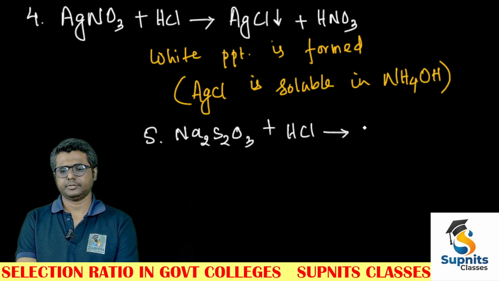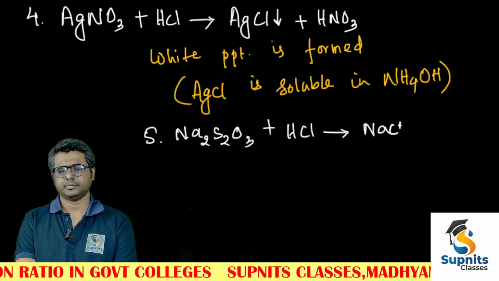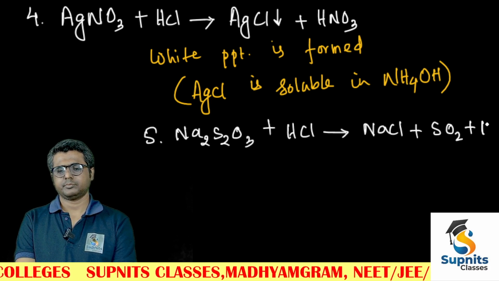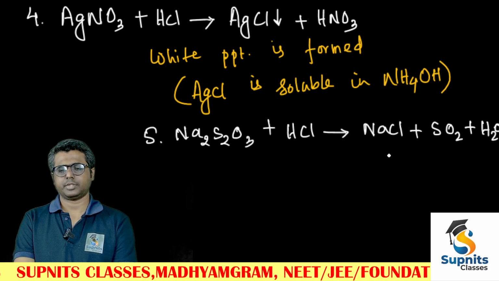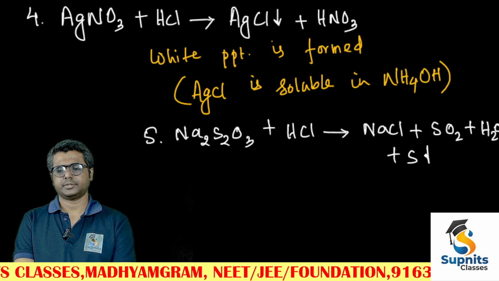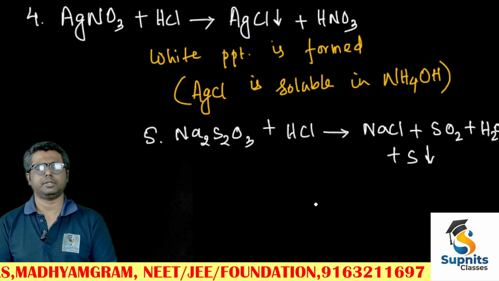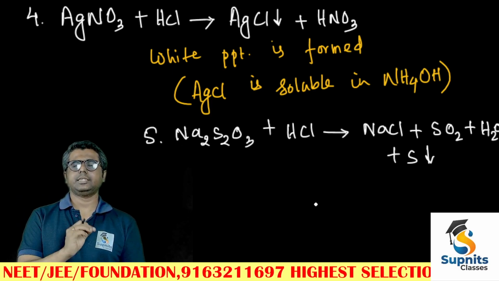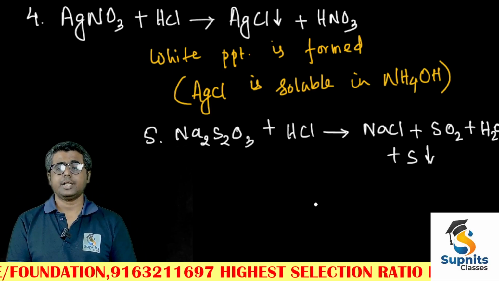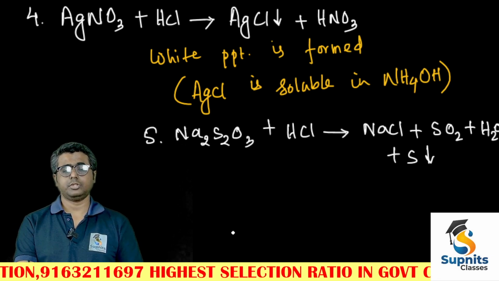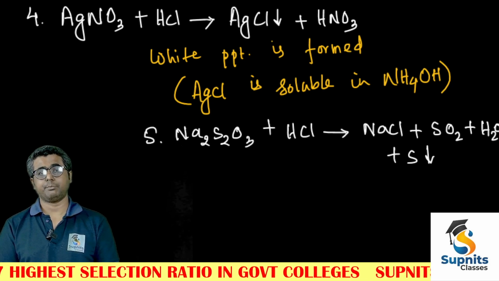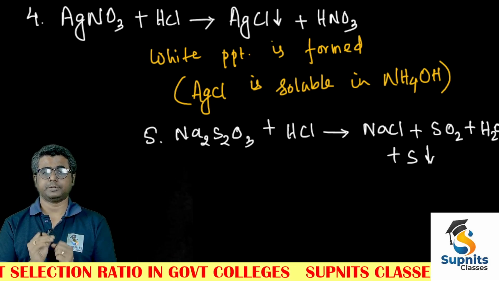So, here we will get NaCl plus SO2 plus water plus S. See here the observations are a little bit different. Why? Because there is a precipitate of sulfur over here, and along with that you are also getting SO2 gas. So, both are very important in case of your observation.